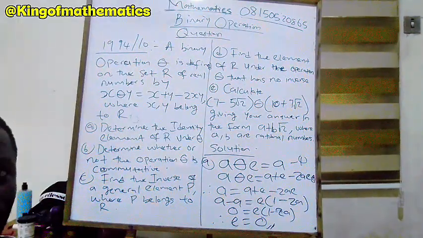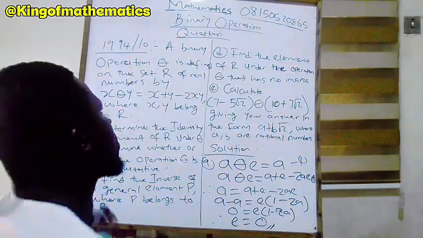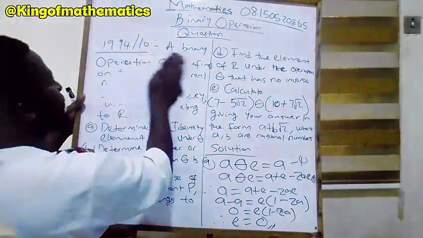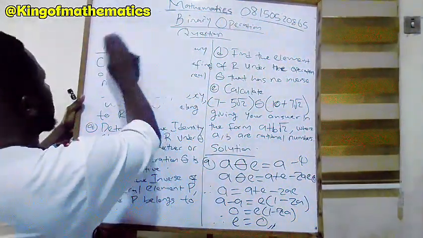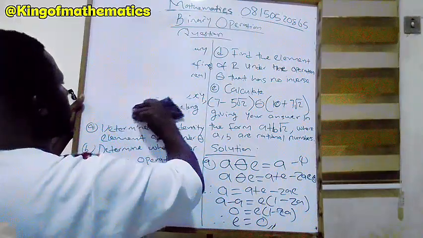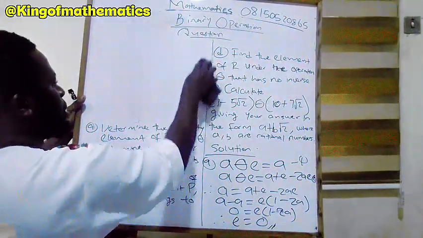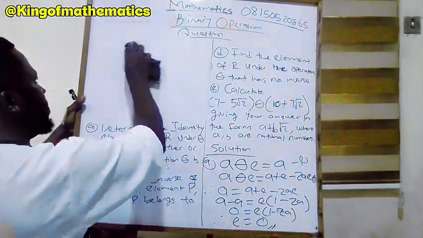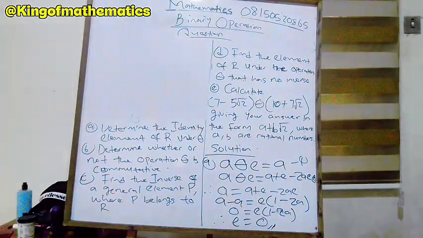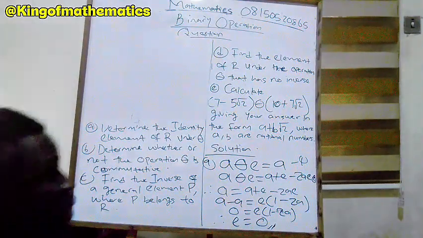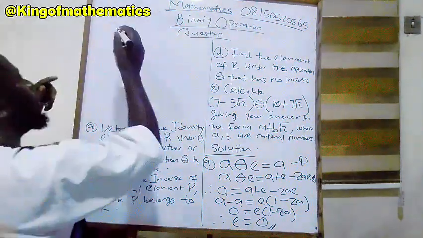We'll be going to B now. Let's rub off this part. Question B says determine whether or not the operation is commutative. What's the meaning of being commutative?